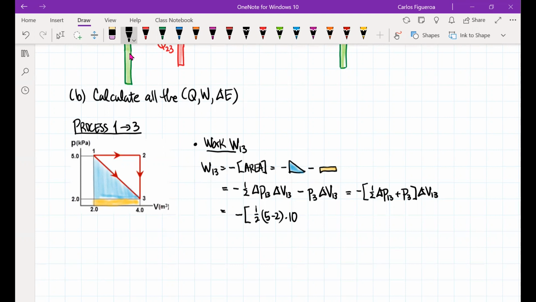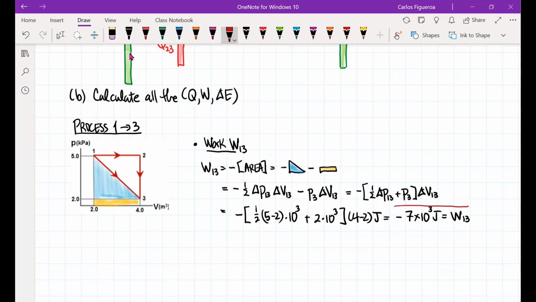Now note that that has to bring in 10 to the 3, plus the pressure at 2 times 10 to the 3 times the volume change, which will be 4 minus 2 joules. And so when I look at this, I get minus 7 times 10 to the 3 joules, and this will be the work between 1 and 3.